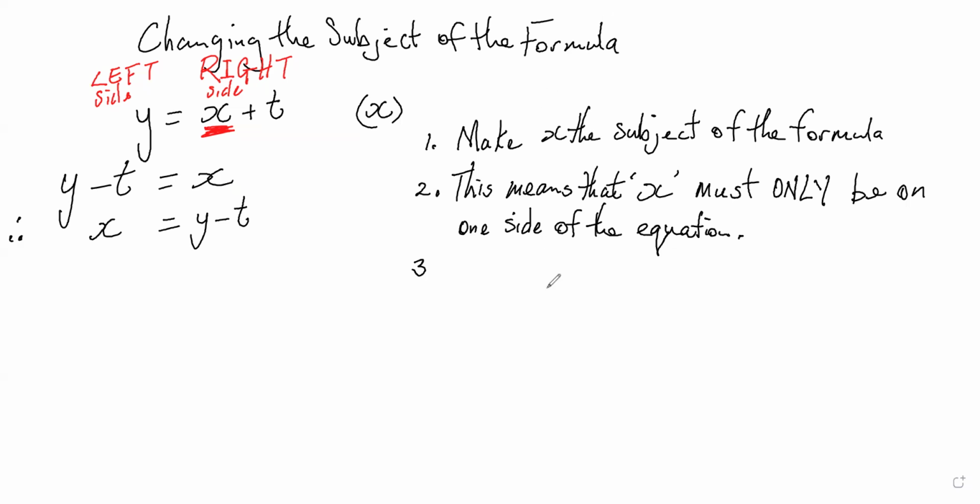So let me underline: make x the subject of the formula. This means that x must only be on one side of the equation, right? And that's what we did. We had to remove the t. Okay, so x is equal to that.